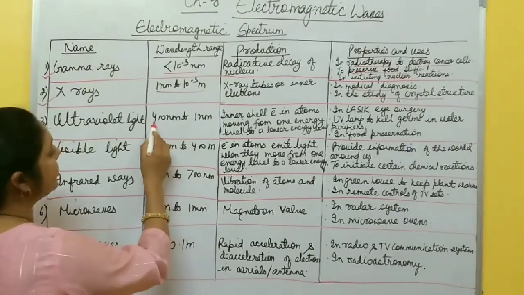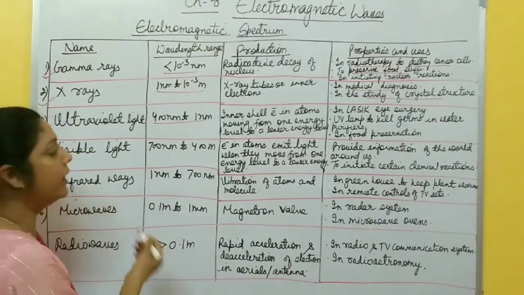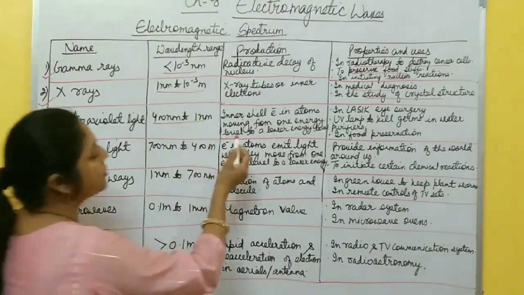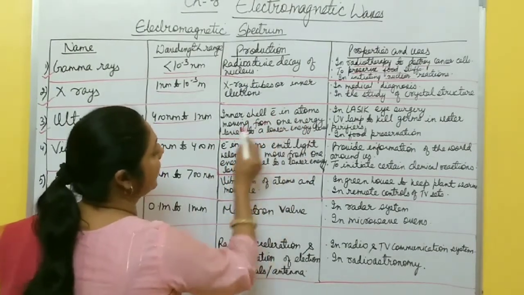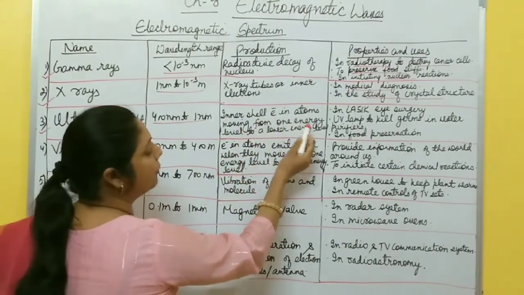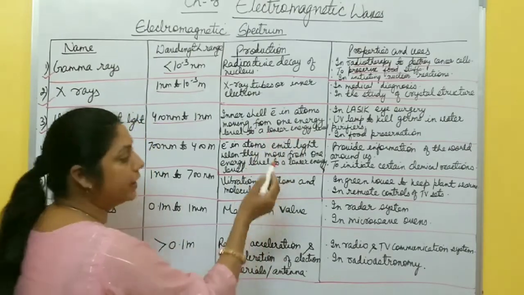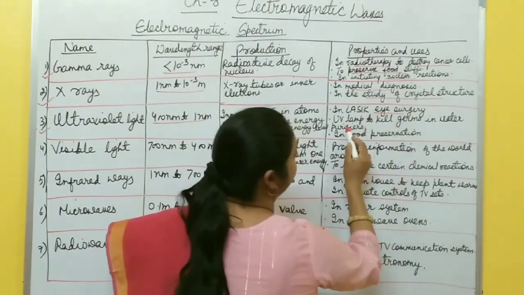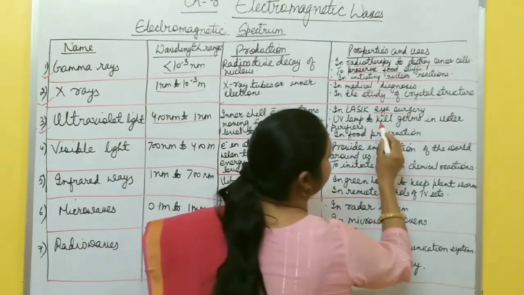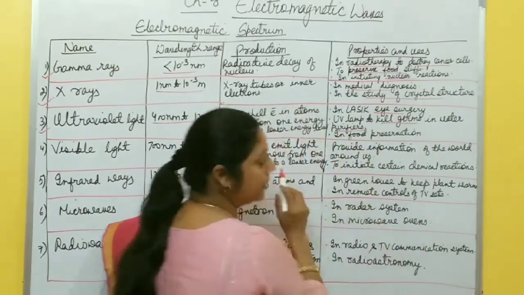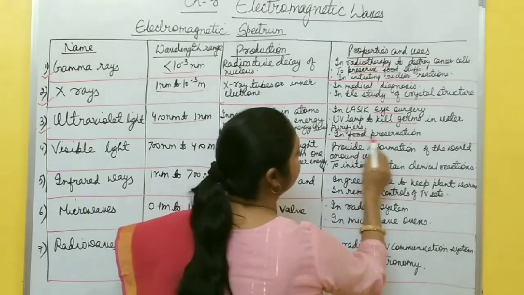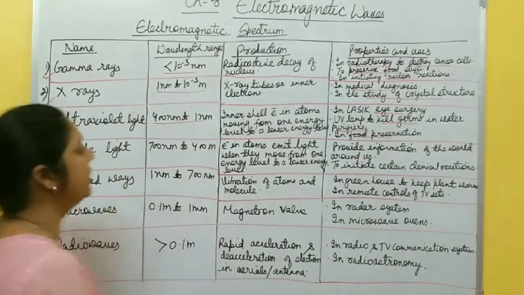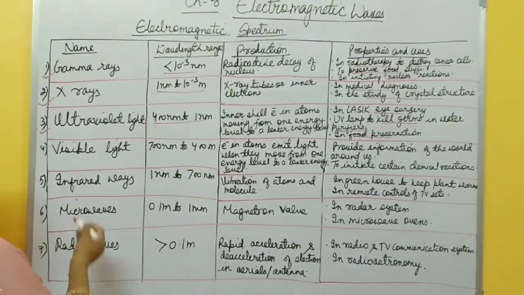Its wavelength range is 400 nanometer to 1 nanometer. It is produced by inner shell electrons in atoms moving from one energy level to a lower energy level. It is used in eye surgery. Ultraviolet lamp is used to kill germs in water purifiers, and it is also used in food preservation. You must revise these uses, right?